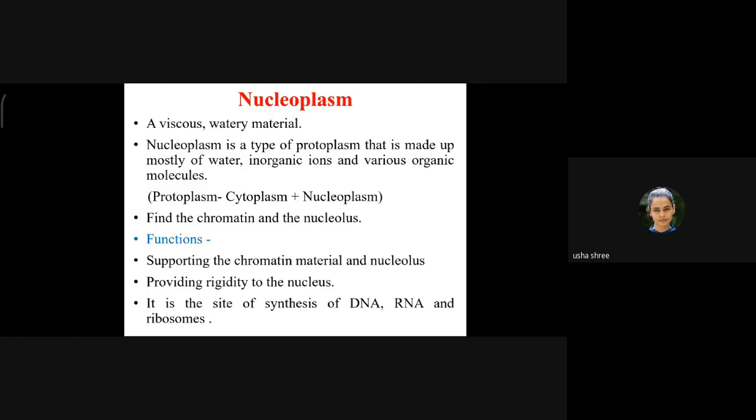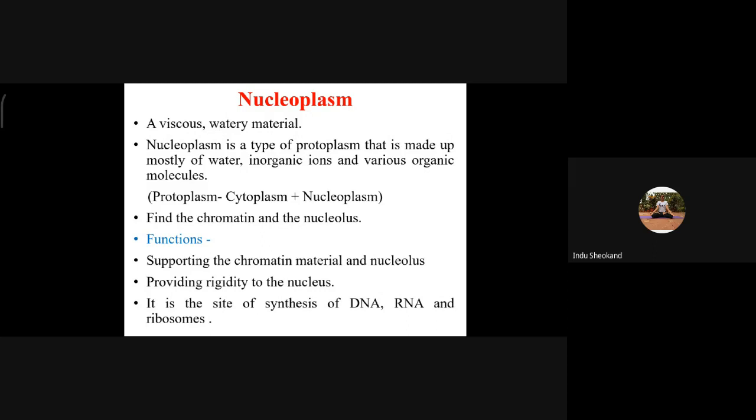But in which part of the nucleus are these things synthesized? We are studying details. In the nucleoplasm. Yes, it is the nucleoplasm in which DNA, RNA, and ribosomes are synthesized.